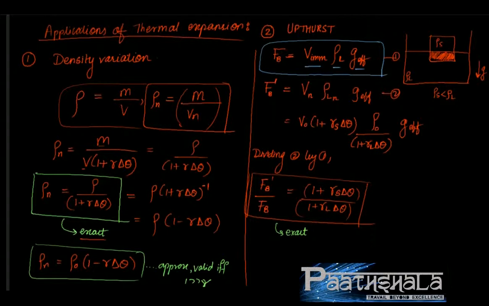Again, without going into details, I can use binomial theorem to approximate this expression, and I'll get the approximate expression as upthrust new is equal to upthrust old into 1 plus gamma solid minus gamma liquid delta theta. So this is the approximate expression.